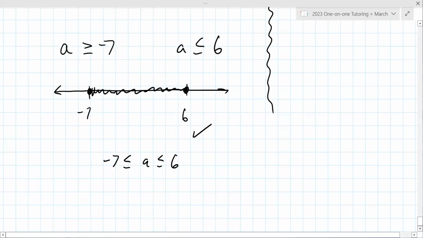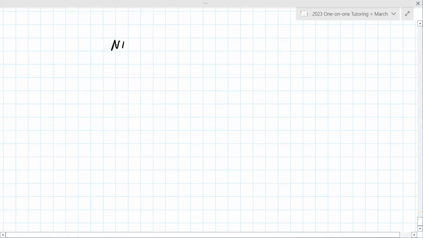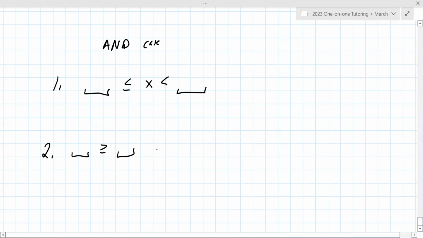Now, the "and" case comes in two forms. Form 1 is something less than or equal to a variable, less than something. That's the "between" form we did a bunch of today. The other one is where it's x greater than or equal to something and x less than or equal to something. Those are the same.